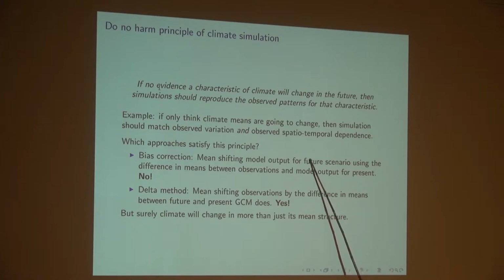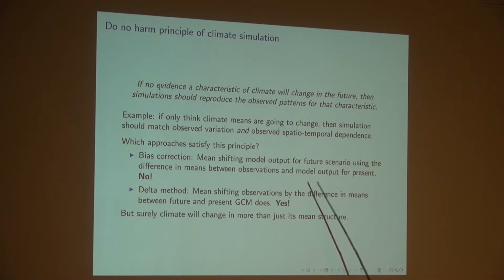So in particular, the simplest kind of way we can imagine that our models are wrong is that they just have the means wrong. Otherwise, our models are perfect. They capture all the multivariate dependencies. They capture all the space-time complexity perfectly. They just have the mean wrong, and we just have to correct for that.